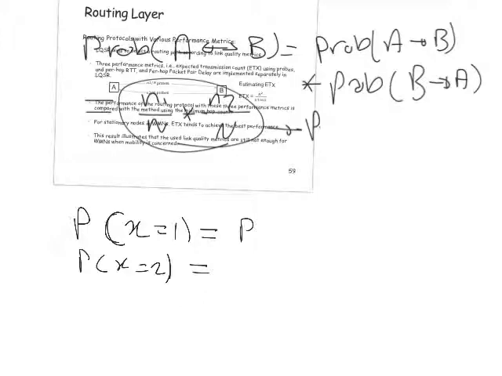We said that P is the probability that the packet succeeds on the link. So the probability that the packet fails, because it either succeeds or fails, we send the packet, it either succeeds or fails, right? We know that the probability that it succeeds is P. So the probability that it does not succeed is 1 minus P. The total probabilities always have to be 1.